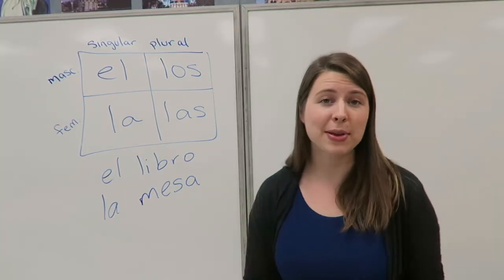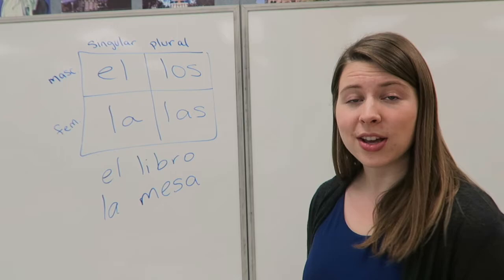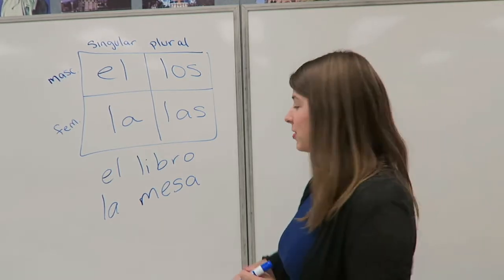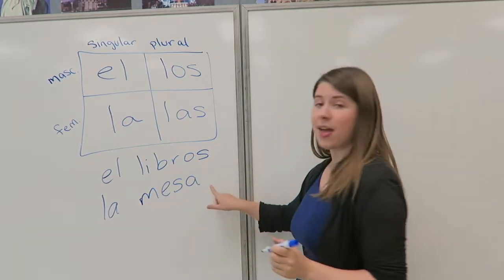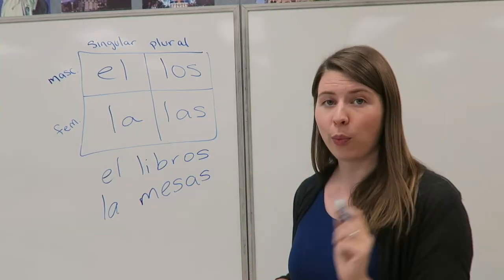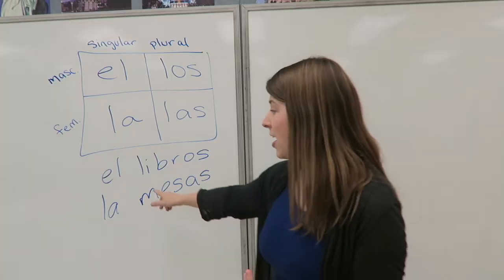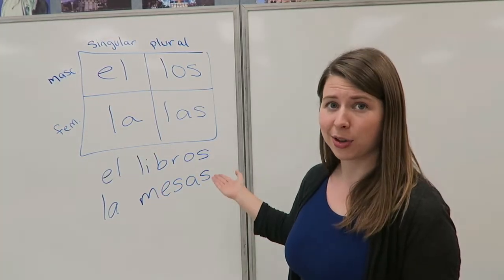Now let's use these same examples and turn it into a plural noun. And with that, pretty simply in both of these cases, we're just going to add an S to the end. So this is going to become libros, and this is going to become mesas. Easy enough, but wait, we need to make sure we're also adjusting the articles because this does not match up to have a singular article and then a plural noun.